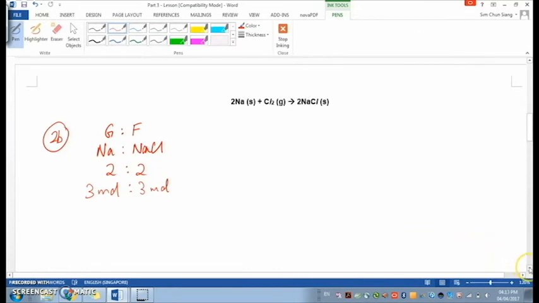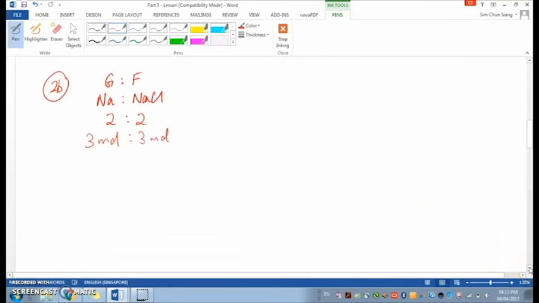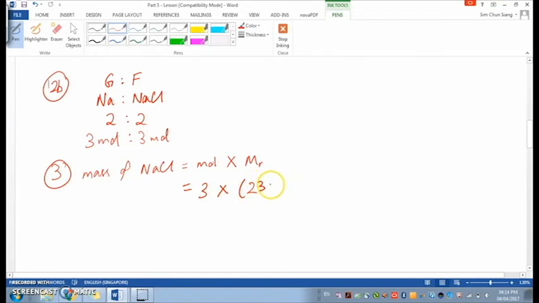Okay, once we know that there are 3 moles of sodium chloride produced, we can proceed with our third step, which is our final step, to find the mass of sodium chloride. Using the formula mass equals number of moles times Mr, which is 3 times the Mr of sodium chloride, which is 23 plus 35.5.